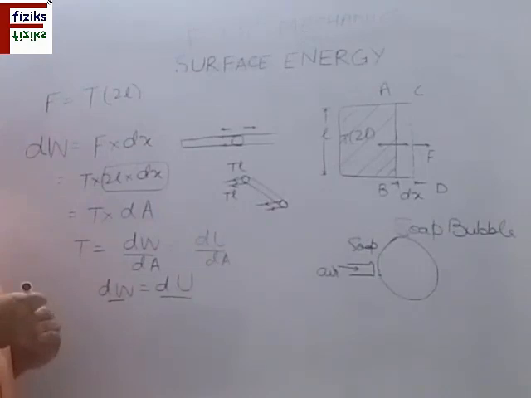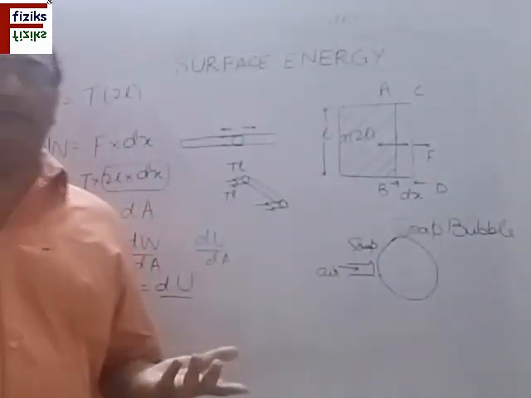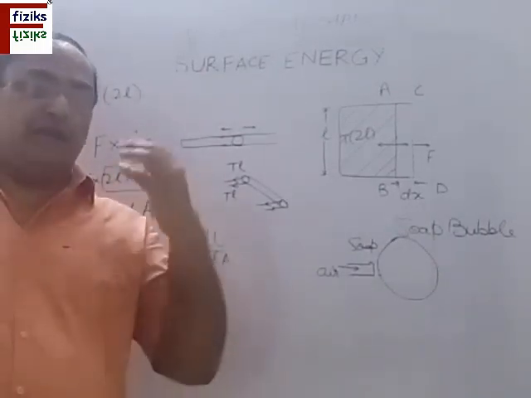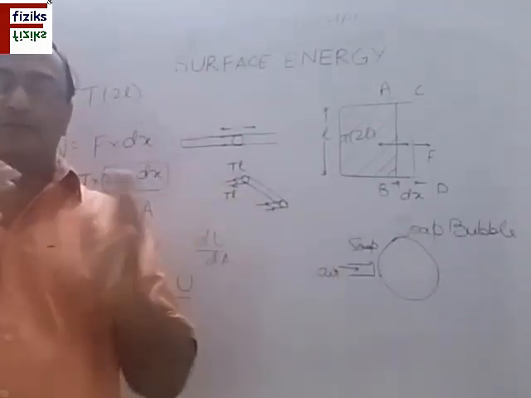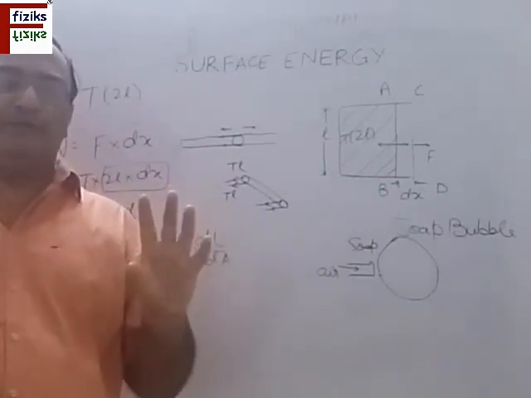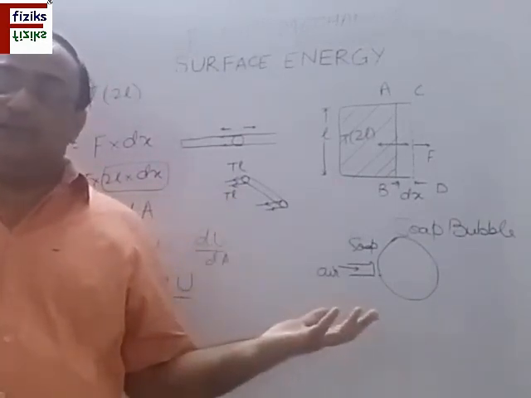So when we make soap bubbles or any other bubbles of any other liquid or a substance, if I have a large droplet and if I break it into smaller droplets, then remember that the surface area will be increasing.